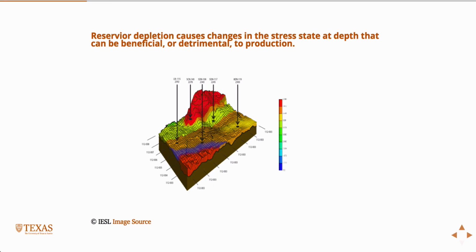Sometimes the production of the fluids can actually help the production, right? Because what happens is you get something that's called compaction drive, right? So it's sort of like squeezing a sponge, right? You're taking the fluid out, but the weight of the earth on top of it is squeezing more, and you get compaction drive, and it can actually help production.